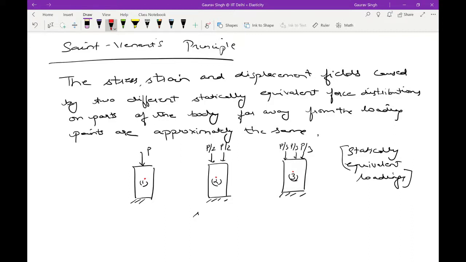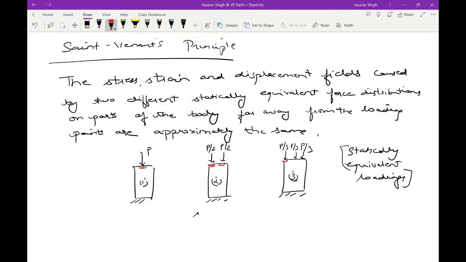So that's the principle, and this is also very helpful, that sometimes it is easier to work with another statically equivalent loading, and you can be assured that the answer you get for your problem will be valid as long as the point of interest is away from the boundary. If it's not away from the boundary, then you can have the so-called boundary effects.